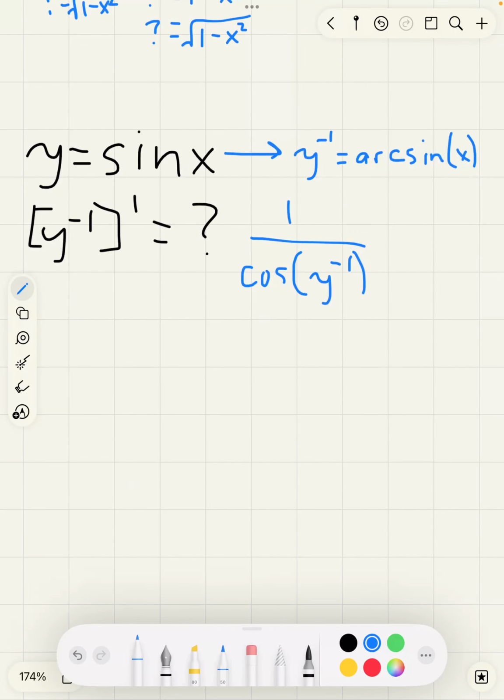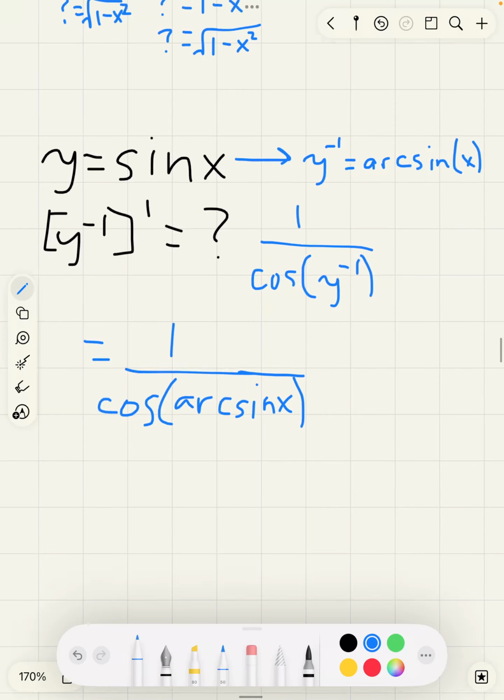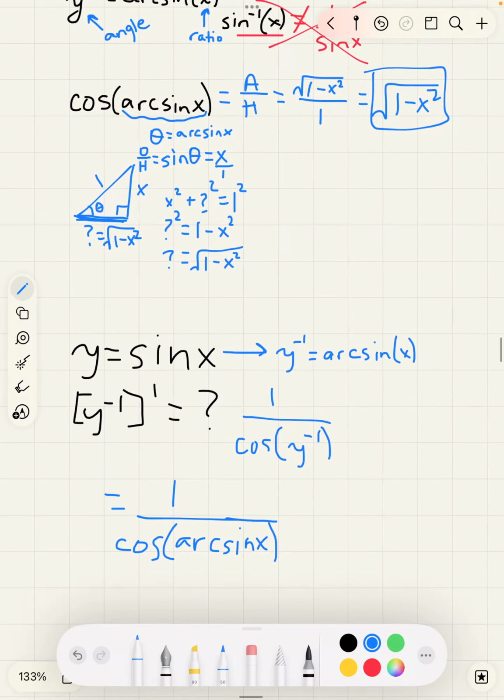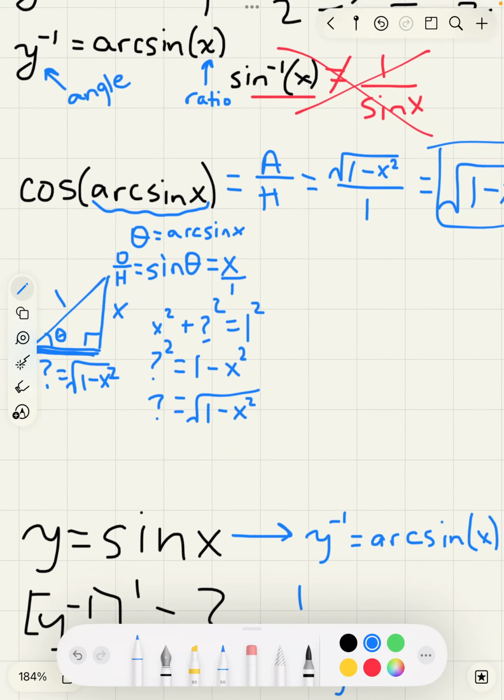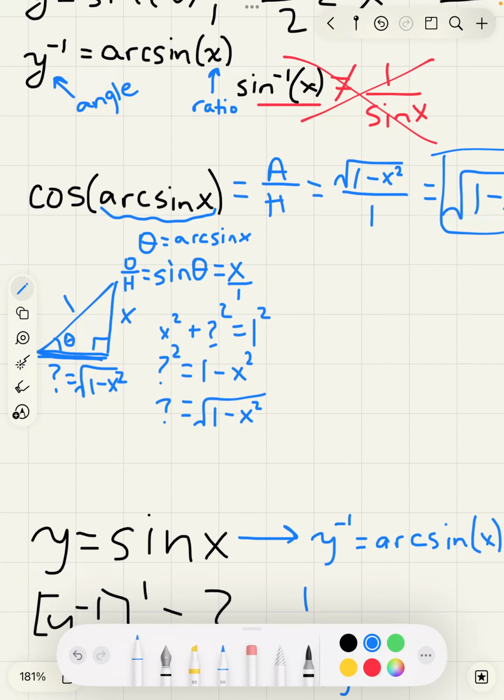Right, so with that, we know that y inverse prime is going to be 1 over cosine of arcsine of x. Well, for us, we actually already know what that is. You see, back up here in our review we actually found out what cosine of arcsine of x is.